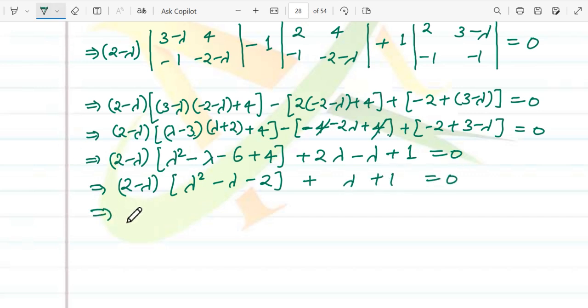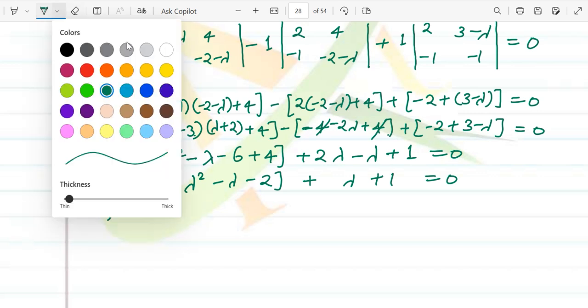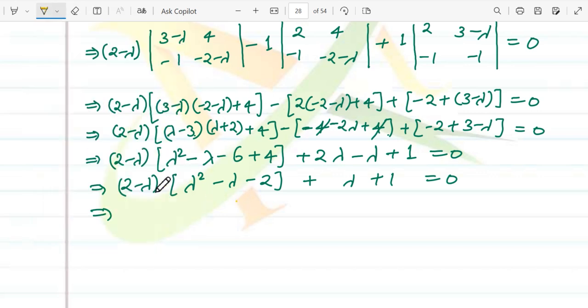This implies, now multiplying this bracket, this into this, this into this, this into this.